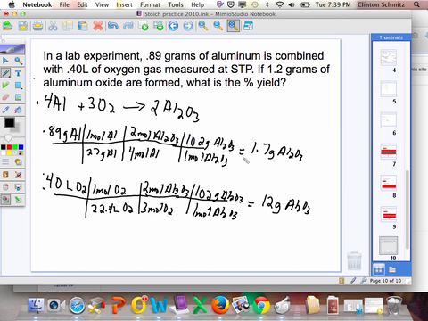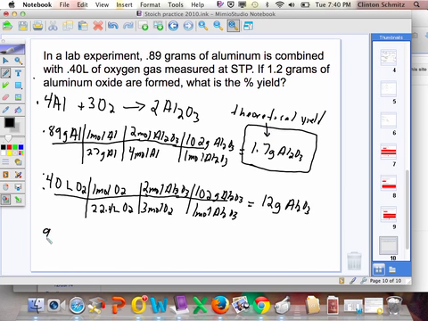So if this reaction occurred as written up here, in theory, if everything reacted 100%, we would end up getting around 1.7 grams of aluminum oxide. That is called your theoretical yield. The answer to a stoichiometry problem is your theoretical yield. So that's this 1.7 gram.